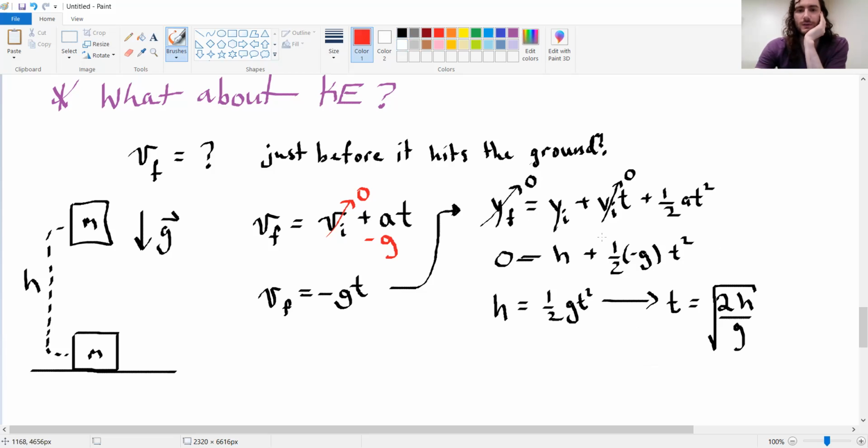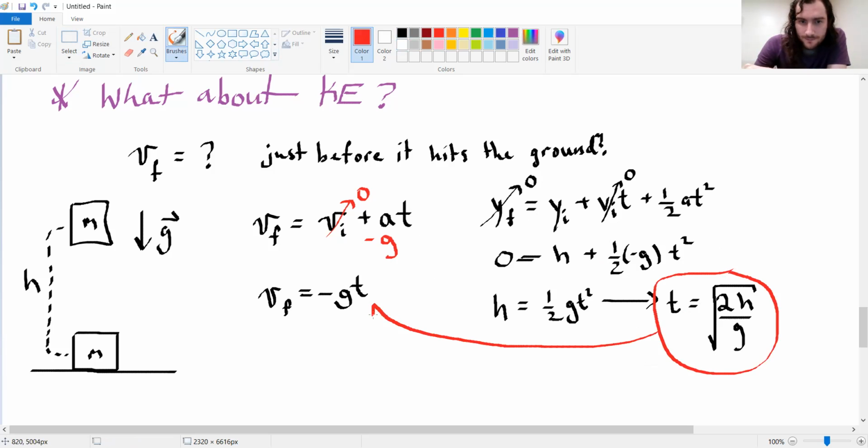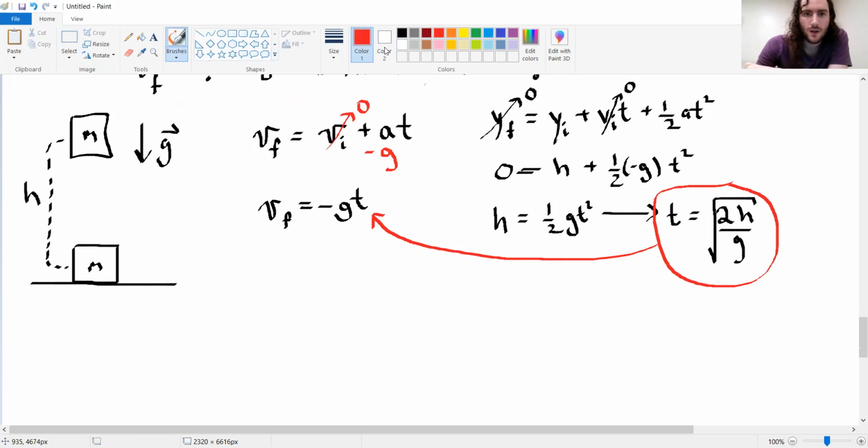So now we're ready to take this time and plug it in for t. We have to be a little bit careful here with the algebra because we're dealing with a square root, but it's not so bad. It is minus g times the square root of 2h over g.